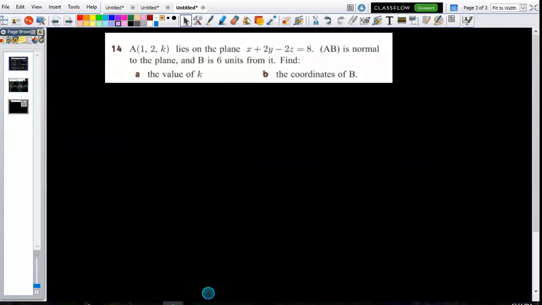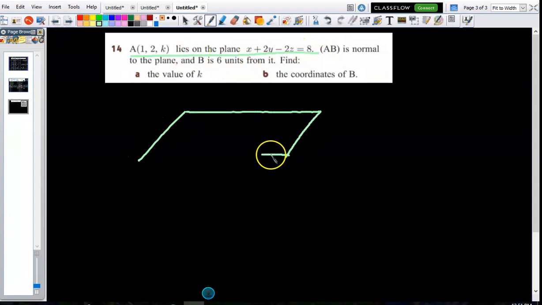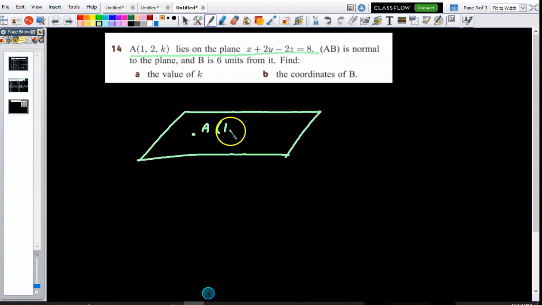Bella and Aman were meant to do the explaining for this one, but time beat us all, so let's have a look. We've got A lies on the plane. We've got the plane, we've got A and it lies on there. So how can we find K?